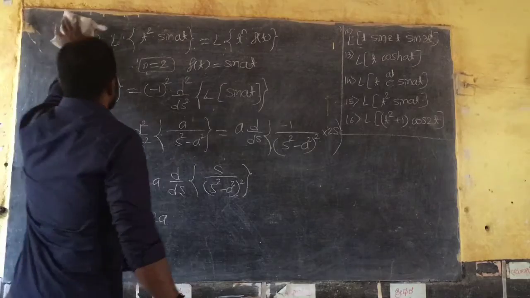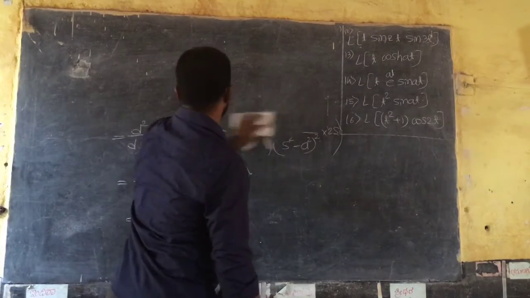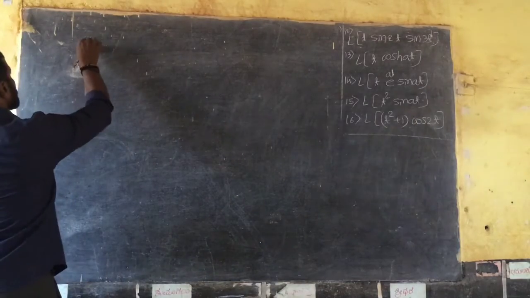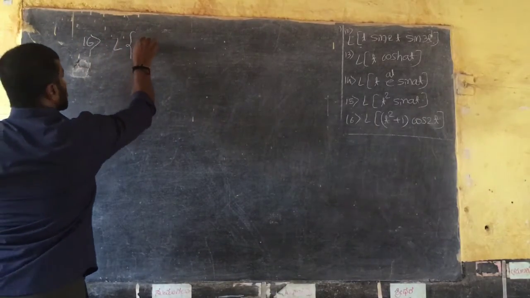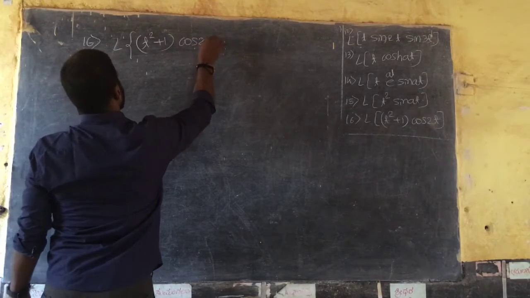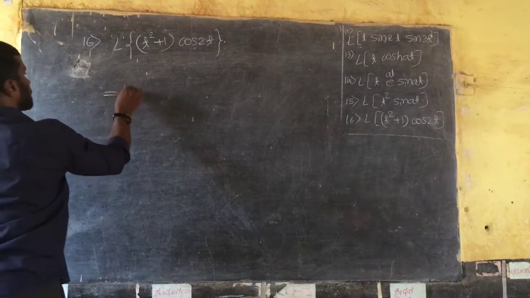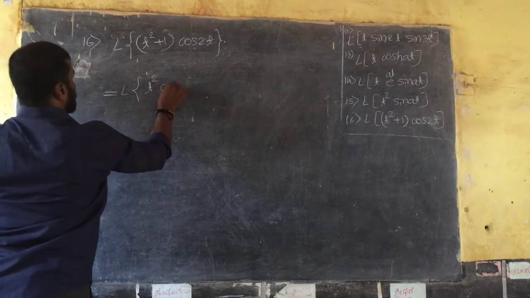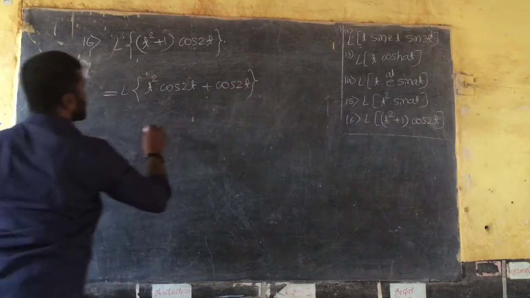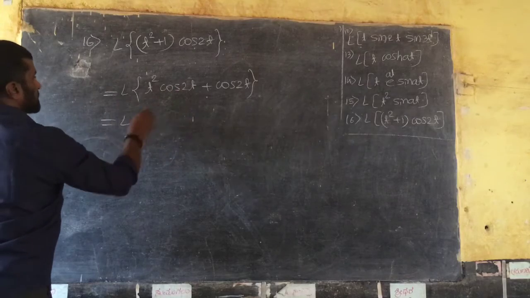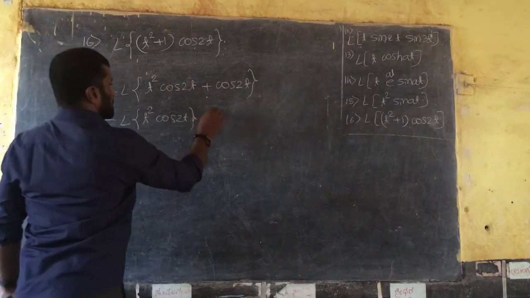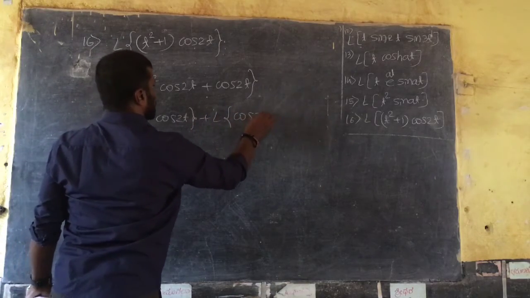Next, the 16th one: Laplace of t square plus 1 into cos of 2t. Write it like this: Laplace of t square cos of 2t plus cos of 2t. So multiply out the Laplace: Laplace of t square cos of 2t plus Laplace of cos of 2t.